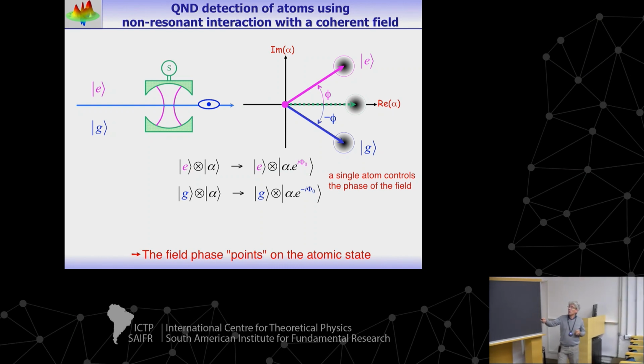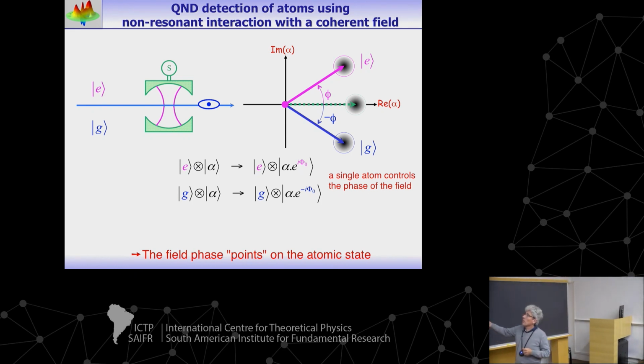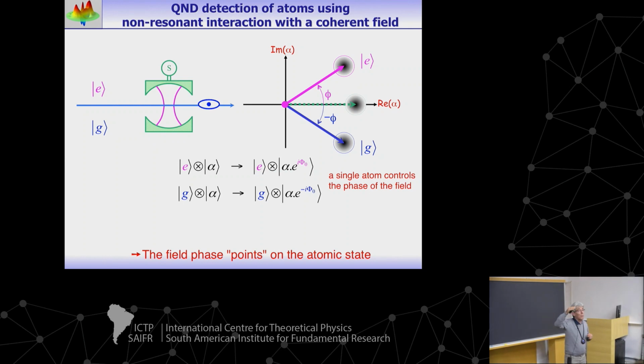You can also eventually inject the atom in the other state, G, and it appears that if you have two-level atoms, the polarizability of the upper state has opposite sign as compared to the polarizability of the lower state.